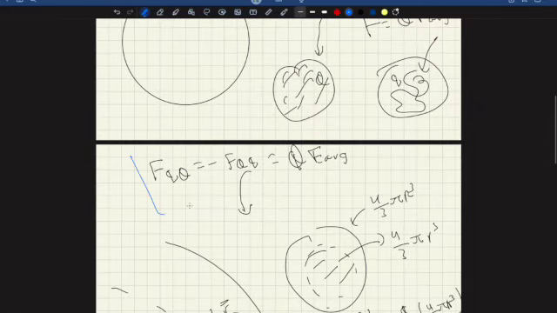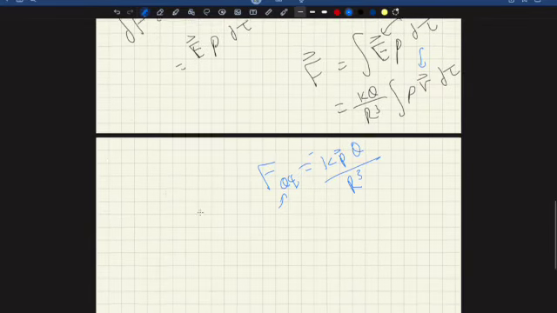Now, from this relationship we had earlier, we want this force. We don't want the force of the uniform charge distribution on the small charge distribution. We want this force here. So to do that, we just add a minus sign.